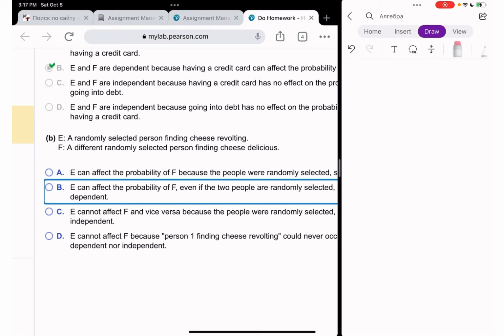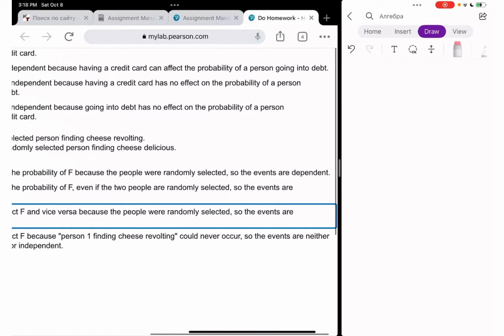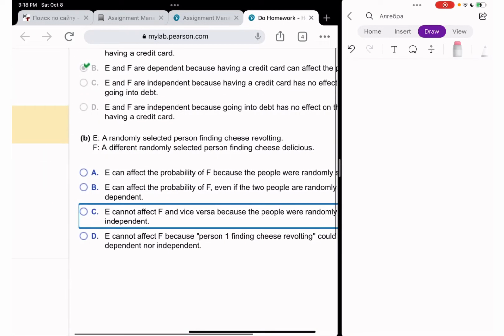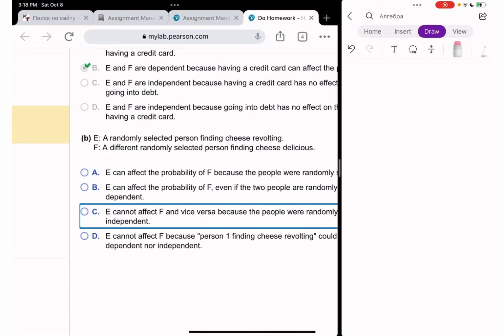And vice versa, because the people were randomly selected, so the events are independent. It says a different randomly selected person. That's a keyword, different. So two independent, randomly selected people. Okay.